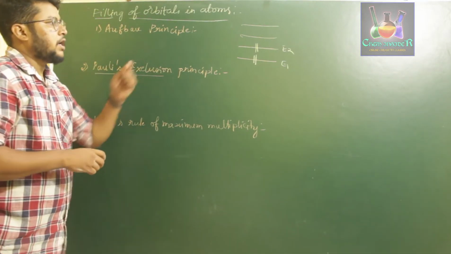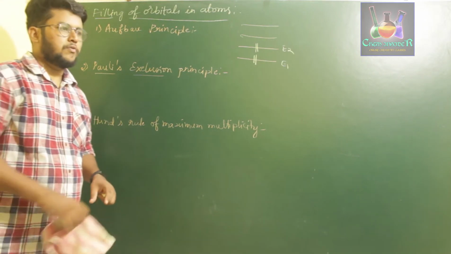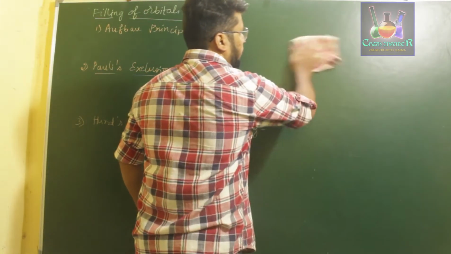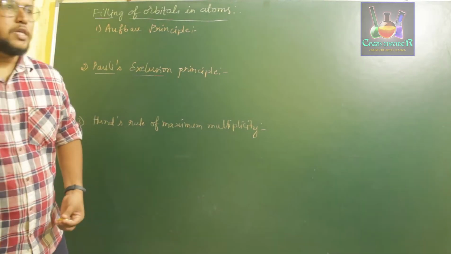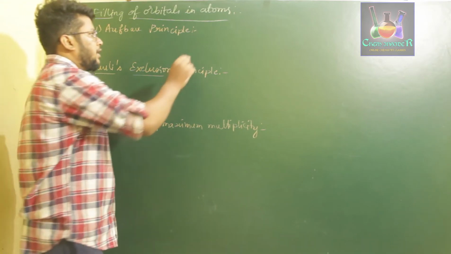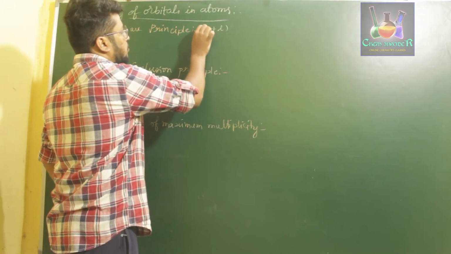So how do we arrange this E1 and E2 for given orbitals? Because we know orbitals are of types 1s, 2s, 3s, 2p, 3p, 4p, 5p, etc. These orbitals are arranged by a specific rule called the n plus L rule.